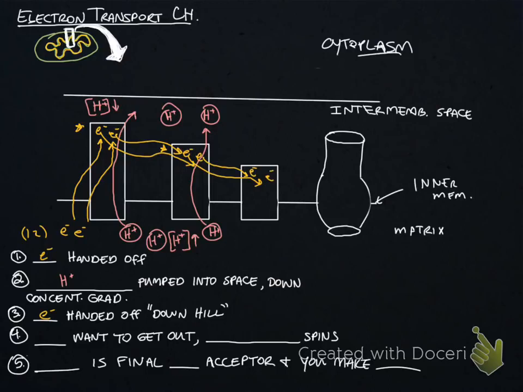We continue to pump in protons down its concentration gradient until we have a higher concentration of protons, and they want to get out. They want to get back out. So when these protons want to get back out, we have this specialized protein called ATP synthase.